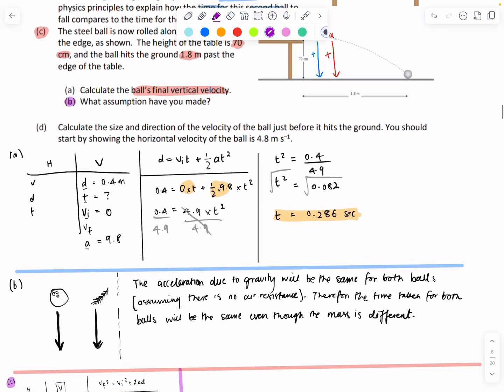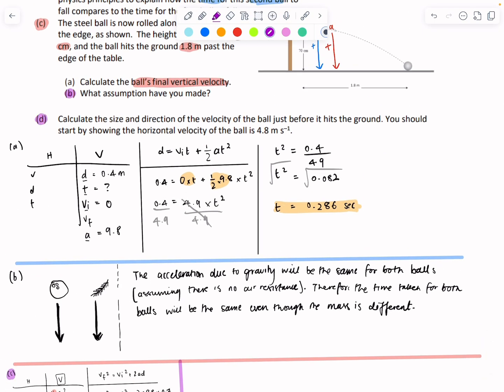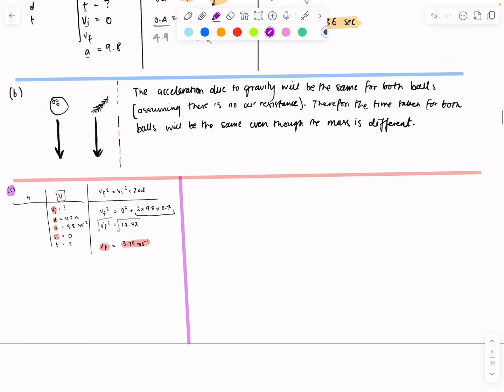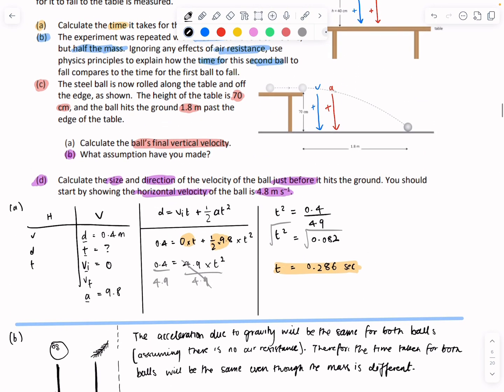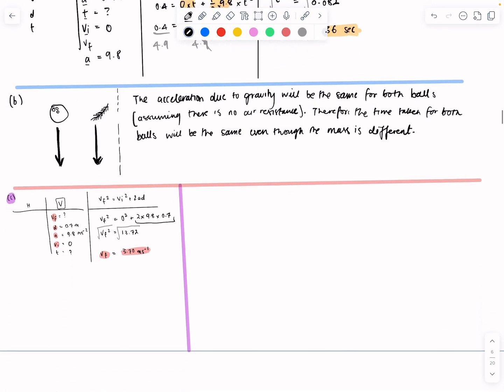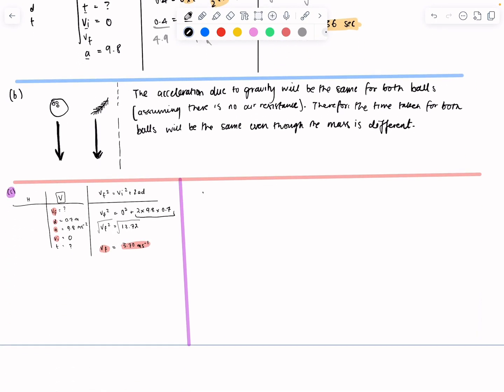Moving on to D. Okay, calculate the size and direction of velocity of the ball just before it hits the ground. You should start by showing the horizontal velocity of the ball is 4.8 meters per second. So I just want to put this into a diagram. Okay, so what we have here is we've got the ball up top, okay?